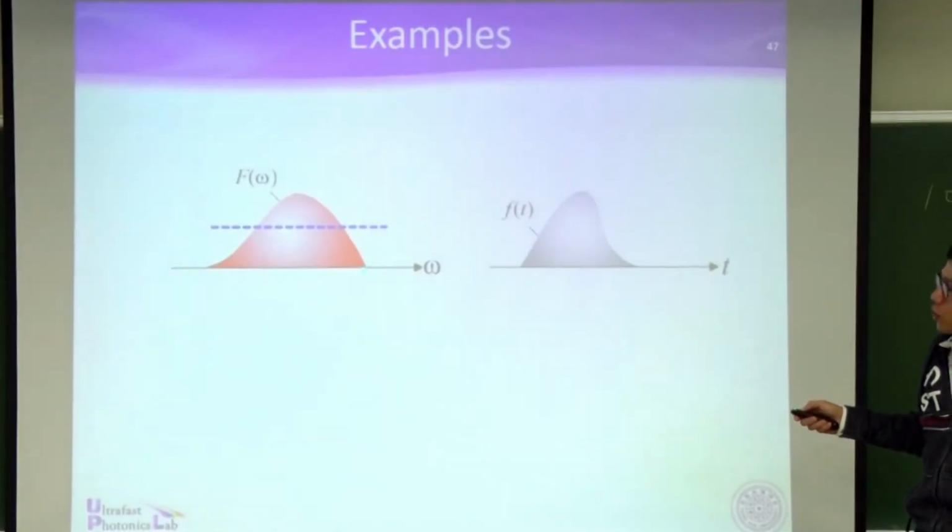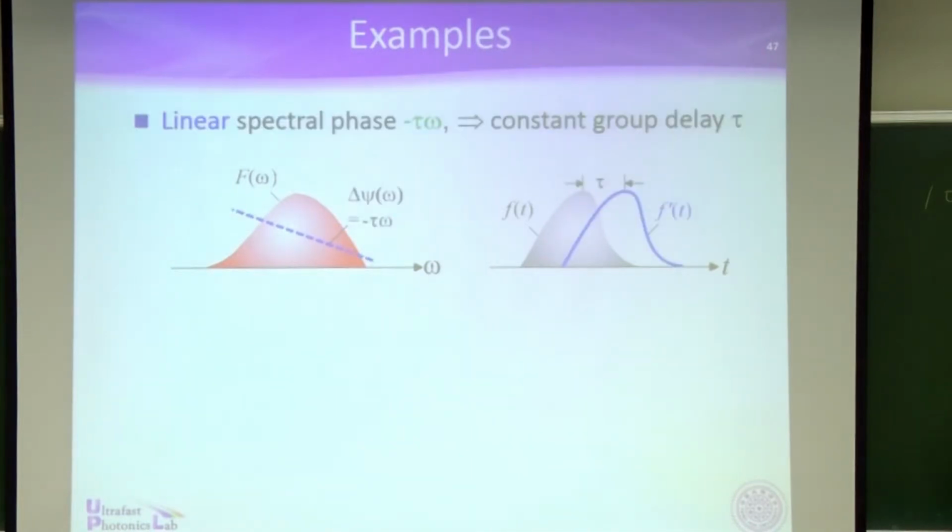Okay? Maybe some view graphs. This is the original spectral function, big F of omega. The blue one is the phase, assuming initially the spectral phase is constant. And the gray one is the corresponding temporal waveform. Then, if you apply a linear spectral phase function, minus tau omega here, so you have a linear function.